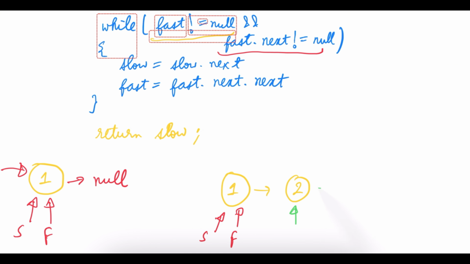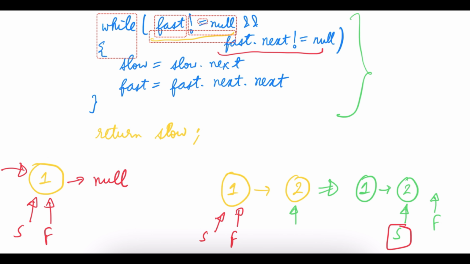So we can increment these pointers, and our slow pointer would be here and fast will become null. We will be done with this while loop and we can simply return the slow pointer, and in this case node 2 would be our middle node.